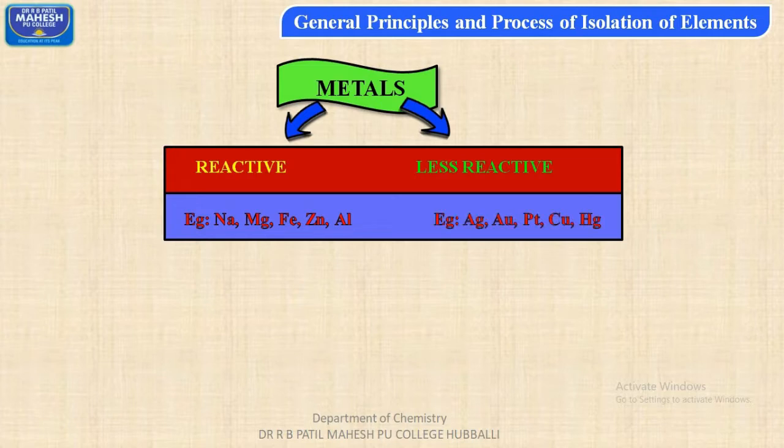Whereas in the case of less reactive metals, for example, silver, gold, platinum, copper and even mercury. Silver, gold and platinum, as you know, are noble metals, so their reactivity is extremely low, but even copper and mercury are also less reactive in nature.